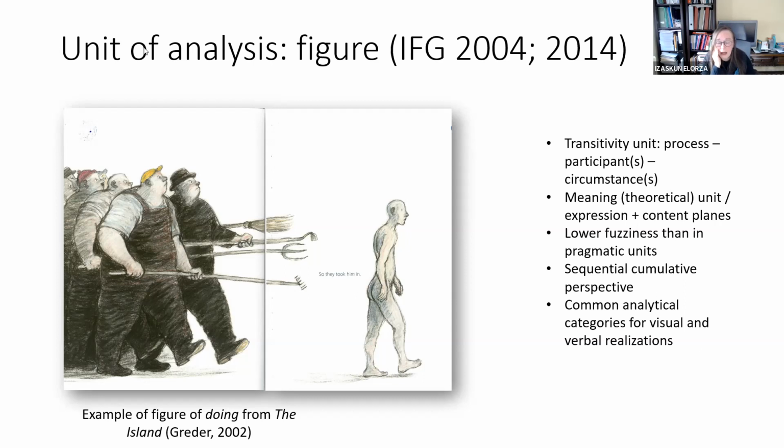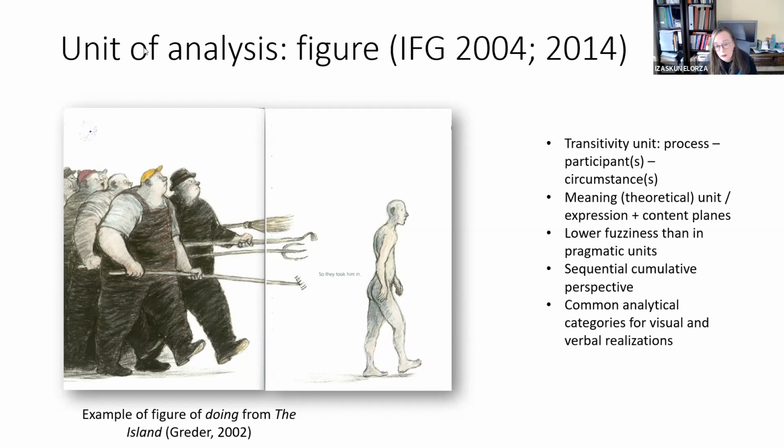This unit has a lower fuzziness than the pragmatic ones. Lower doesn't mean that it is not going to have fuzzy boundaries, as we will see later with some examples. And we are going to have this sequential cumulative perspective that I explained before, when we're attempting to analyze characters as being represented through the kind of participant roles that they have along the story.